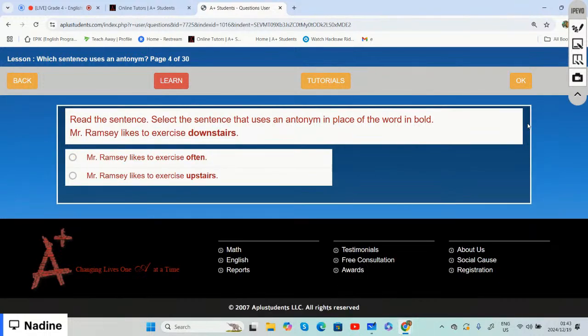All right. Mr. Ramsey likes to exercise downstairs. So the opposite of downstairs, is it option 1, often, or is it option 2, upstairs?